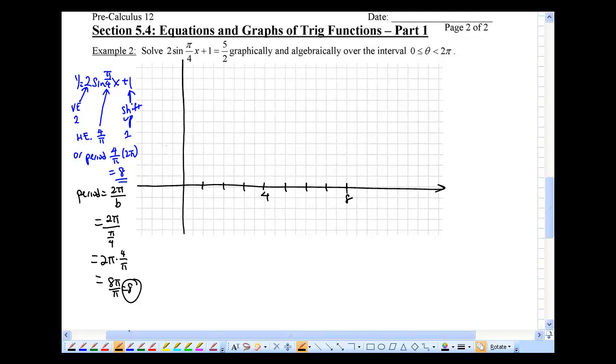And then, I don't know, 1, 2, 3, 4, 5. That should be okay. -1, -2. Alright, so why don't you start graphing out one cycle of y equals 2 sine pi over 4x plus 1. Okay, I've helped you set up your axes. It's time for you to graph this out.